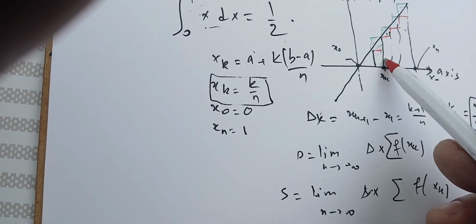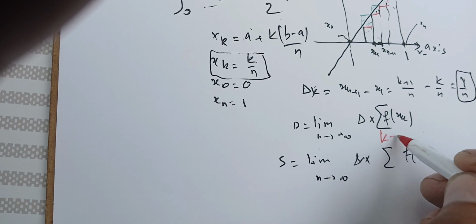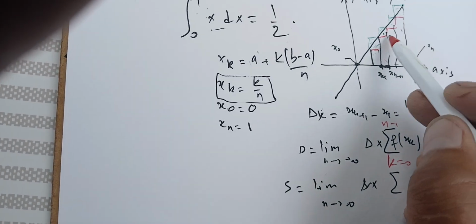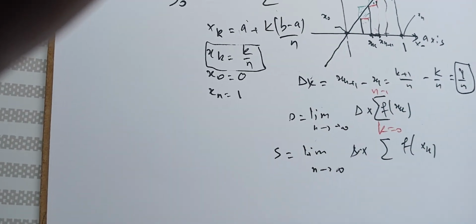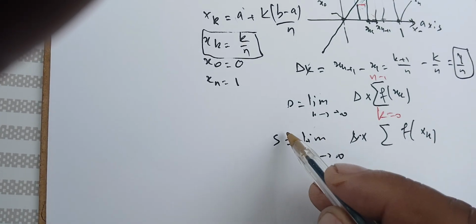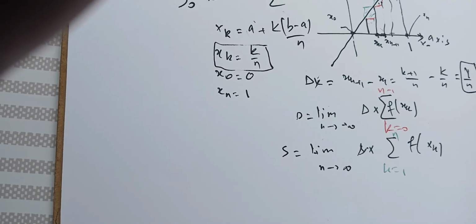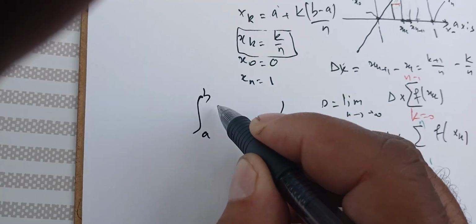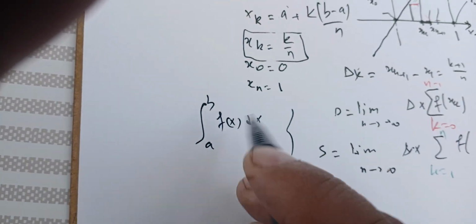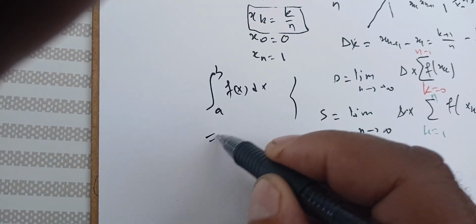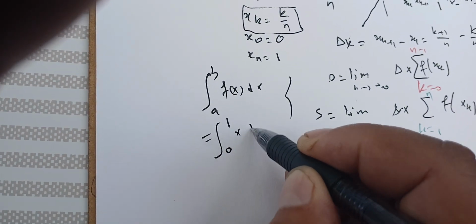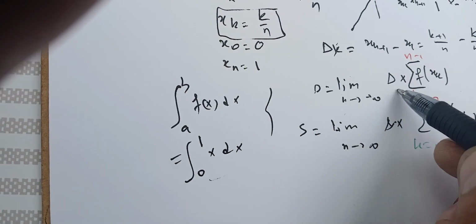To use the lower rectangles, we go from 0 to n minus 1. So it's this one in red. To use the upper one, the big S, we go from 1 to n. And both of these are equal to the integral of f of x, which is x, so the integral from 0 to 1 of x dx.